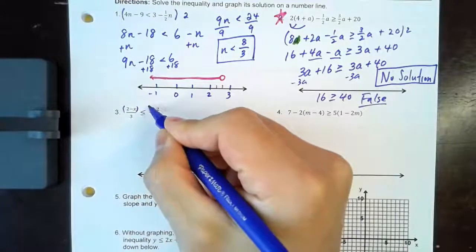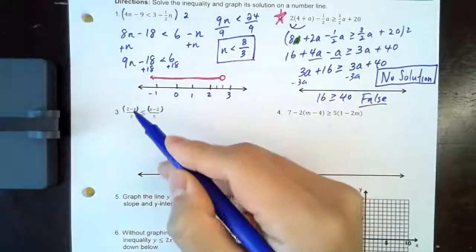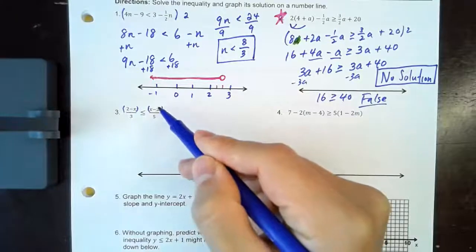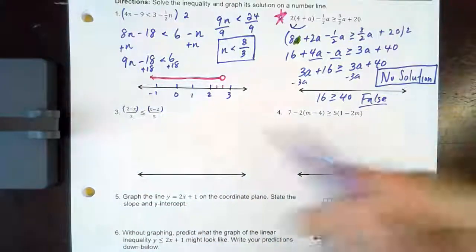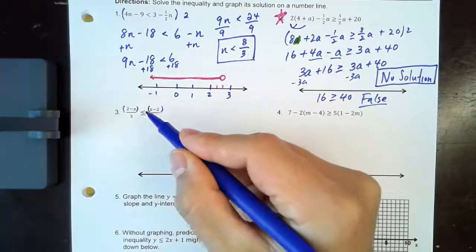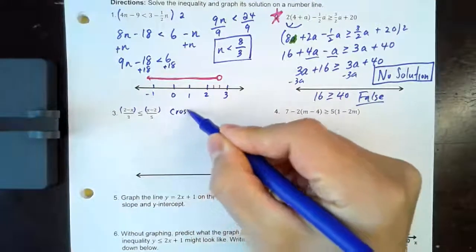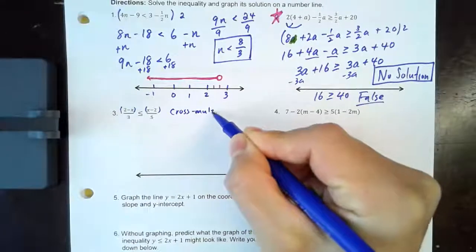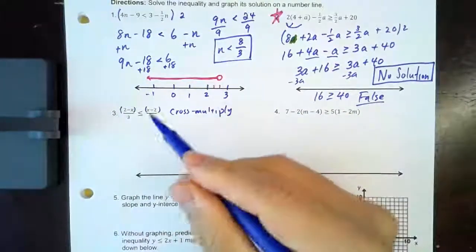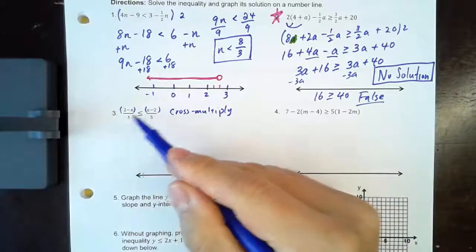For number 3, you could see that there is an expression as a numerator on the left side and an expression as a numerator on the right side. What I would do, just like you would do with an equation, is you should cross multiply here, right? Essentially, class, we're multiplying by the LCM of 15.